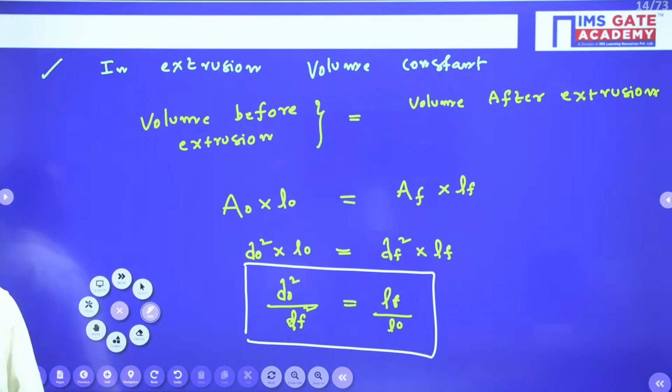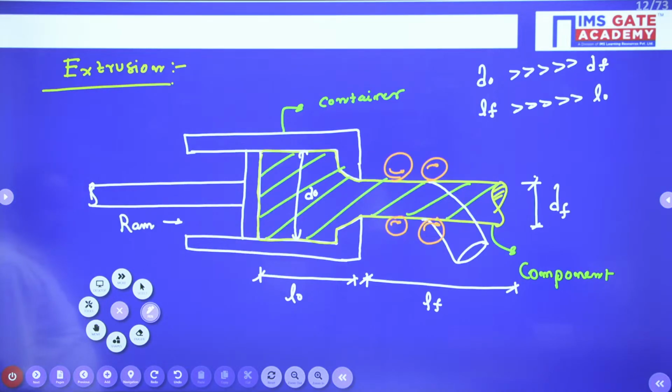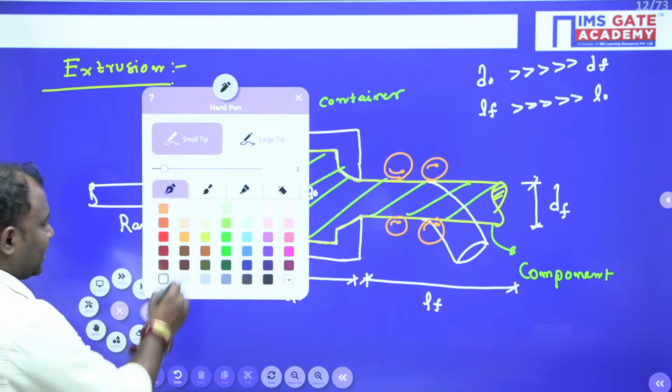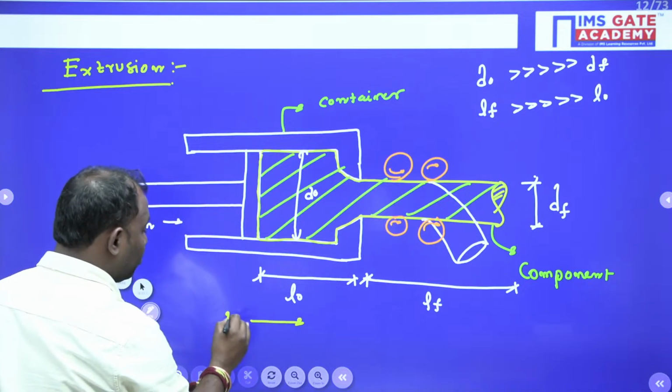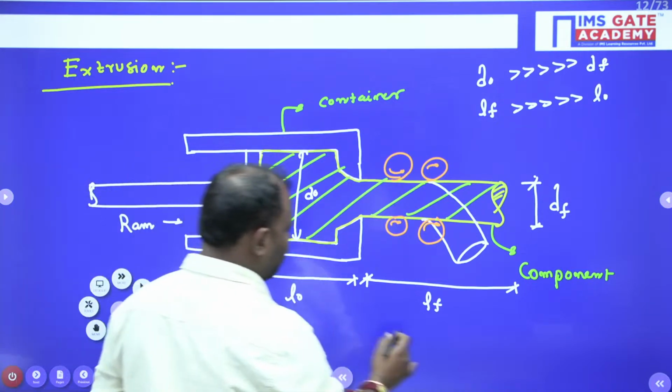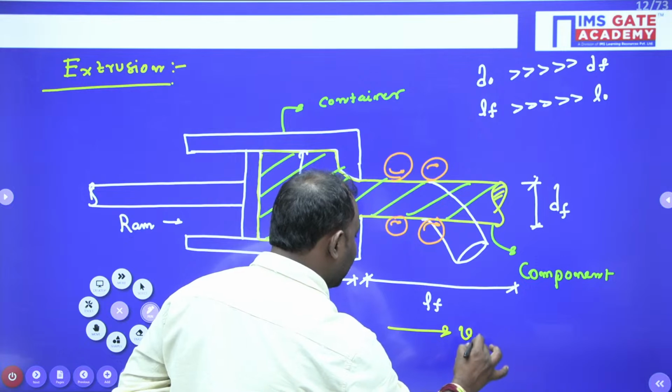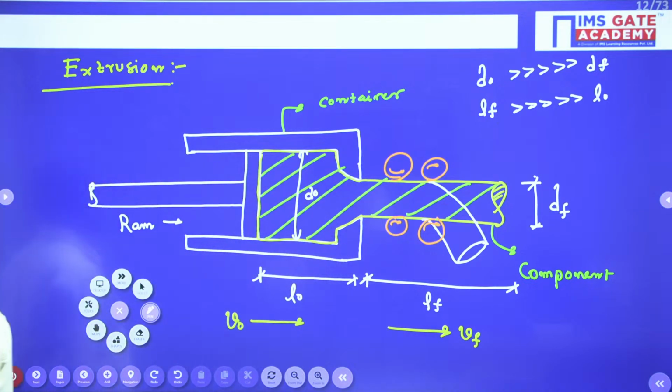Now, in extrusion, the workpiece has a certain velocity V naught before the operation, and a final velocity after it. So which one is greater? That we are supposed to calculate, isn't it, guys?